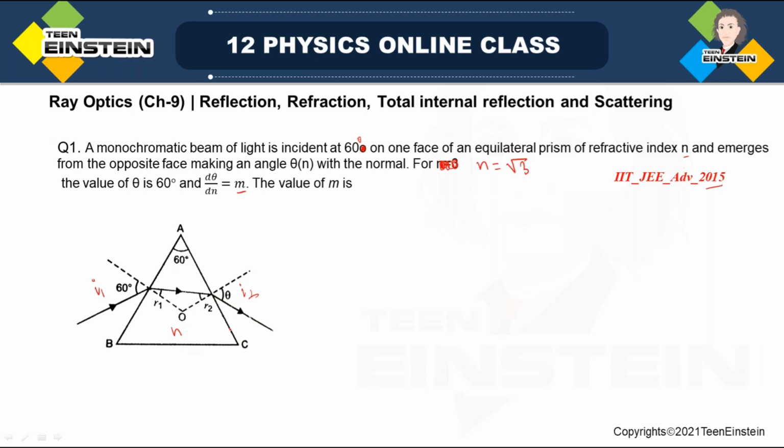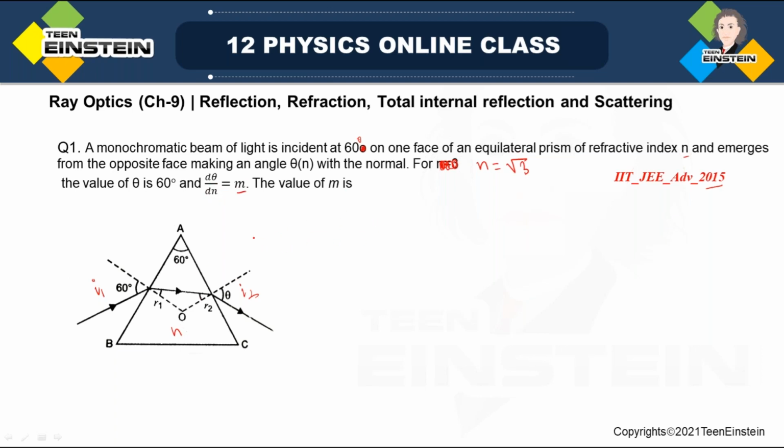So this is the question. Now you have been given n is equal to root 3. When n is equal to root 3, then theta is 60 degree, and d theta by dn is equal to m. That is the variation of this angle of emergence with respect to refractive index is m. So what is the value of m?